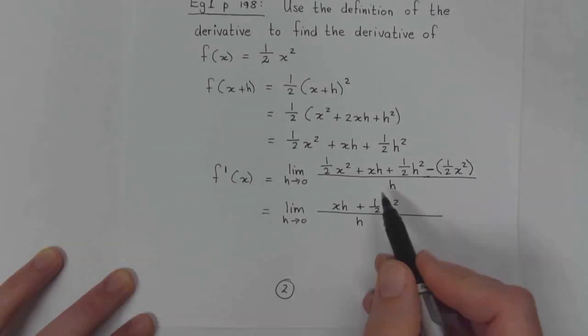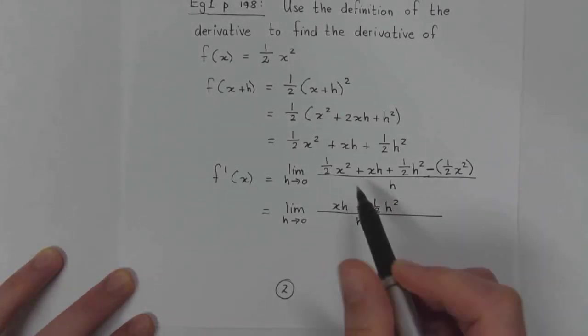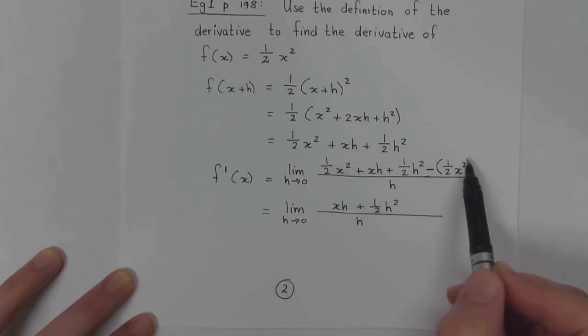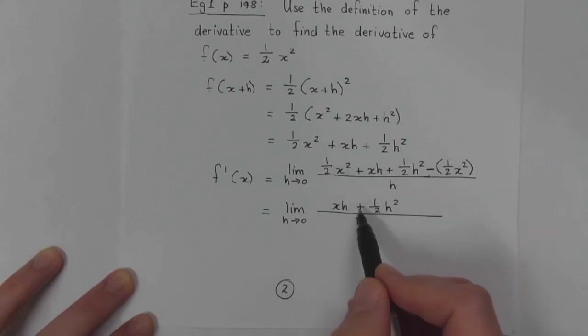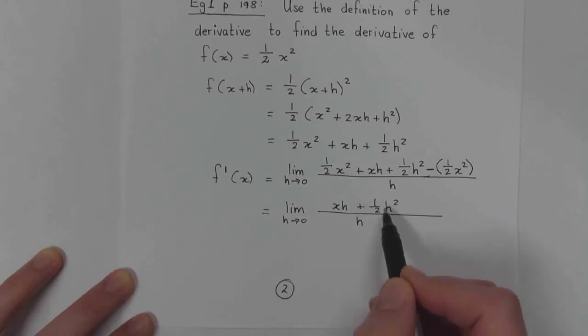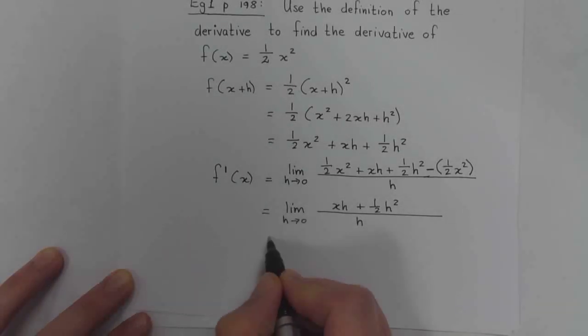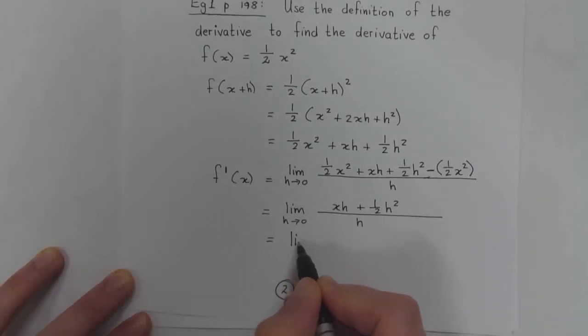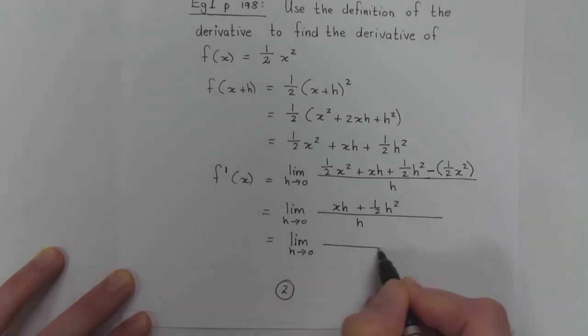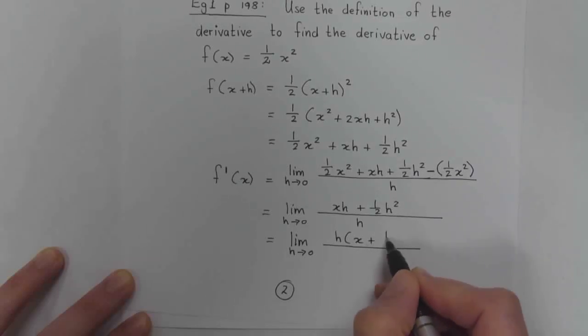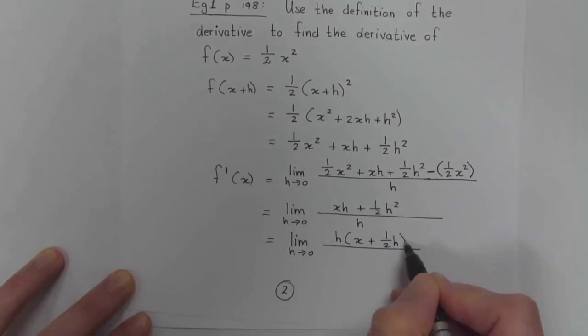And you will notice that always, if you calculated the f of x plus h correctly and you did this subtraction correctly, you will always, in the numerator, have a common factor of h that you can take out and then you can divide into that h at the bottom. So we're going to say it's the limit of h tending towards 0. I'll take out the common factor of h, and then I'm left with x plus a half h over h.